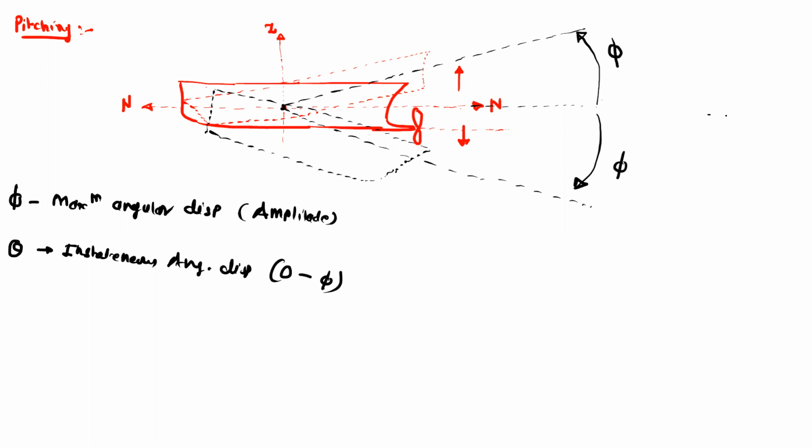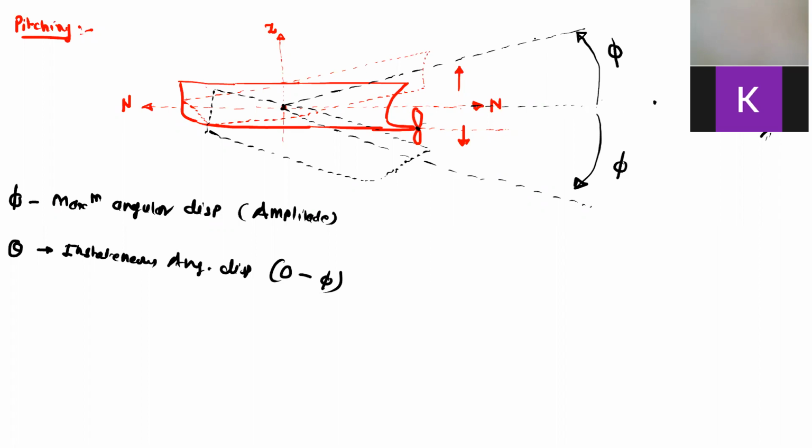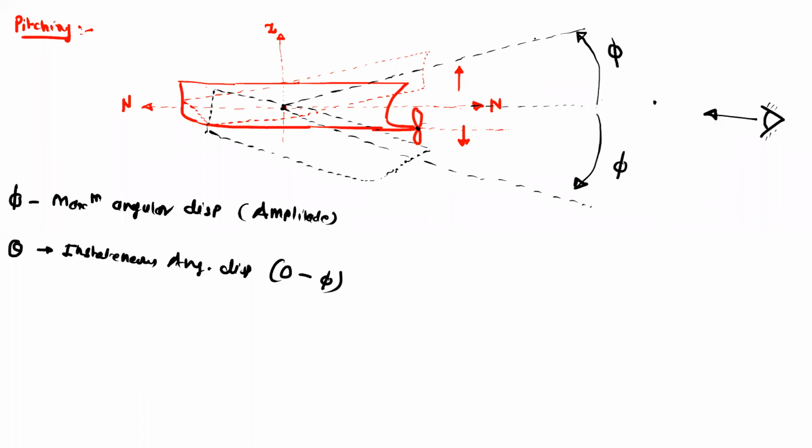Now if you observe from the front end, if this is the observer and you are looking at this motion, that is the pitching motion, okay, then you will just observe, if this is a propeller point, okay, if this is one single point on the propeller and you are looking at this point from this direction, we will observe this point moving in the upward direction and in the downward direction.